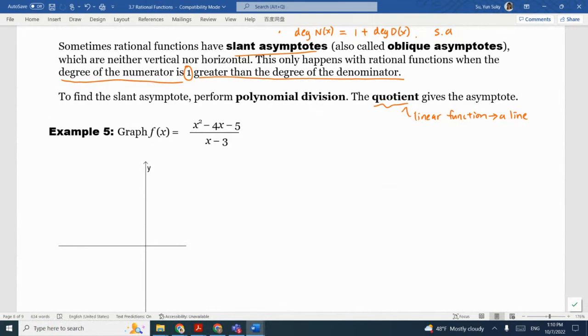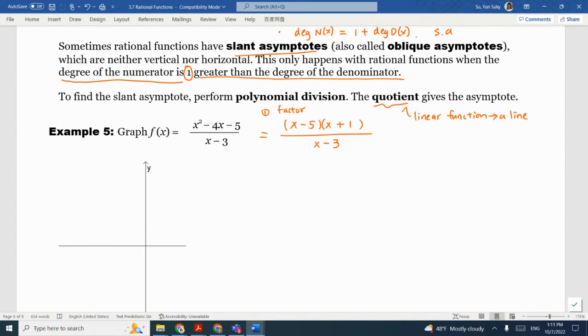Okay, good. So let's look at this problem. We want to graph it. The steps are similar. Step one, we want to factor it. How do we factor it? Can you factor the numerator? x minus 5 and x plus 1. Yes. So the first step, we factor the numerator and denominator.